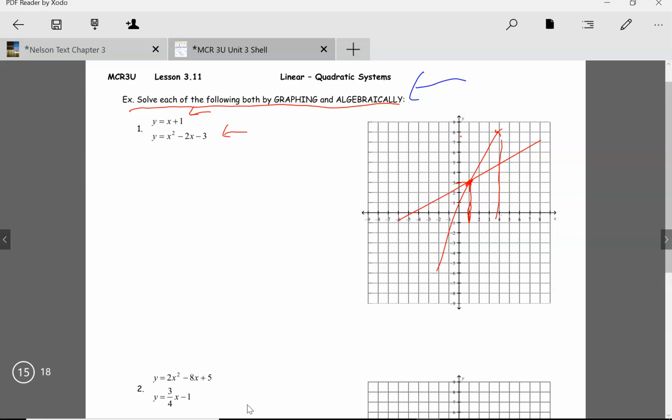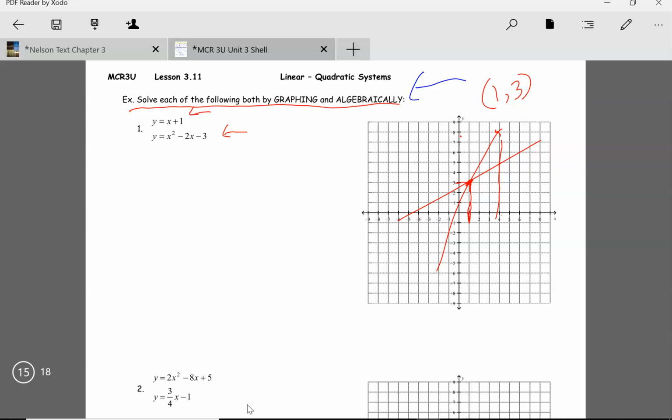So this point 1, 3 is shared between both those lines. If both the equations have the same x value and the same y value, that is a point of intersection, right?